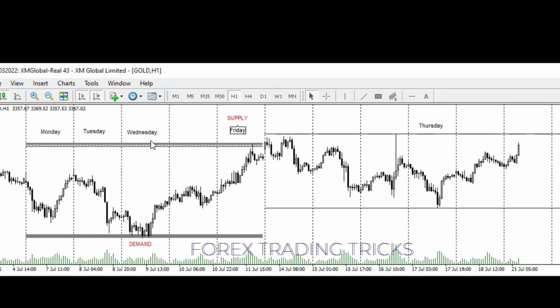You see. So then you can just mark this so that you don't get confused. They are very important too, because you will never know how the market will react on the next coming week. You understand? So that's your supply right here. On Wednesday, that's your supply right here.